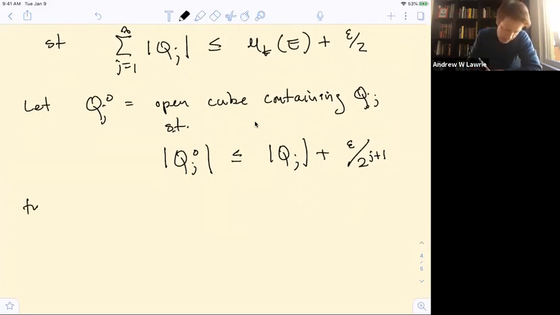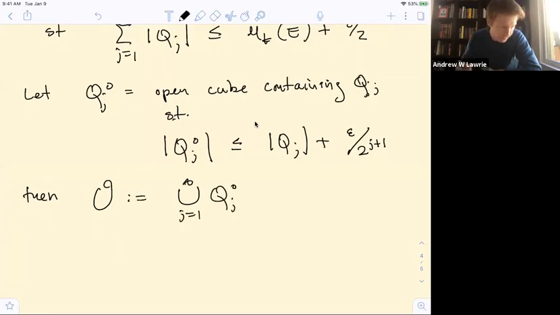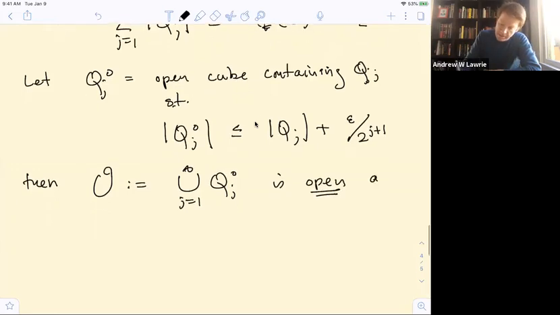Then the point is that if I take a countable union of open sets, I still get an open set. Then O, equal to the union of the Qj°'s, is open, because openness is preserved under countable union.